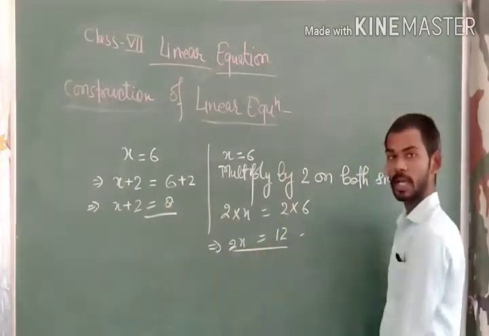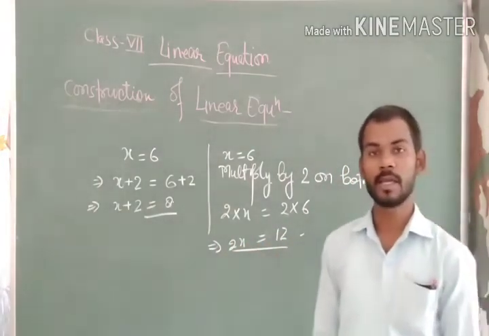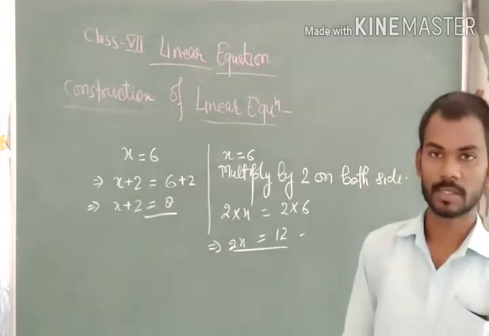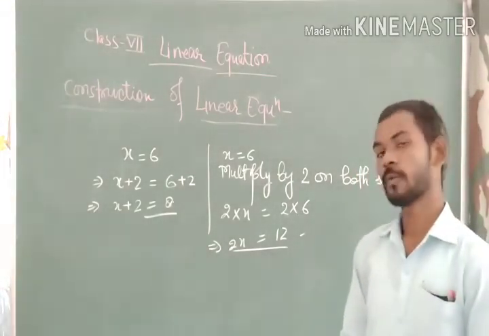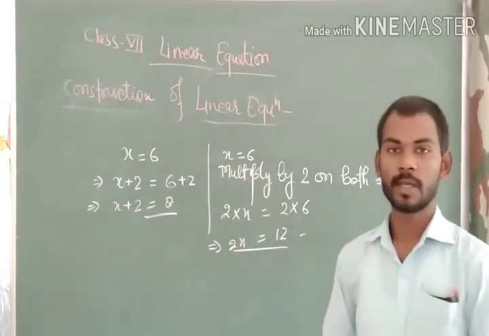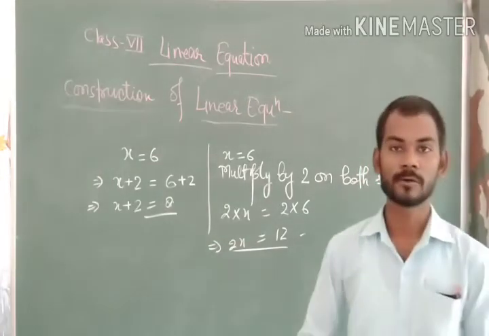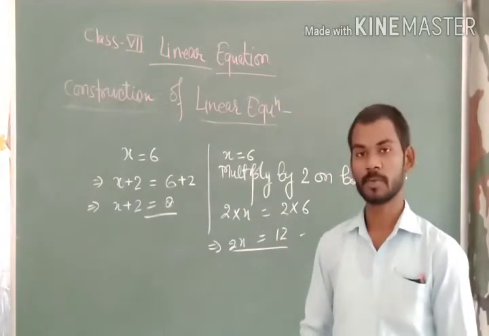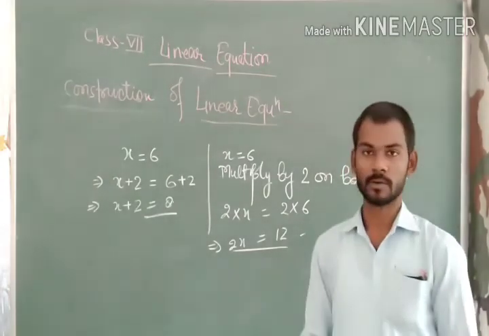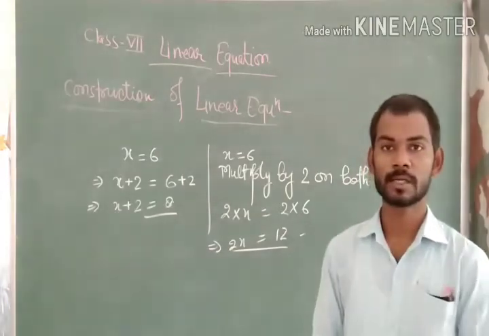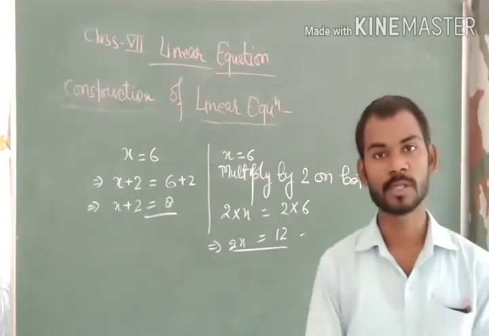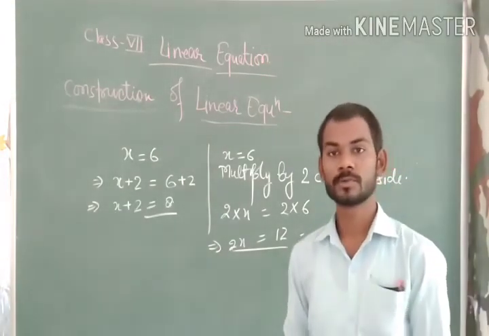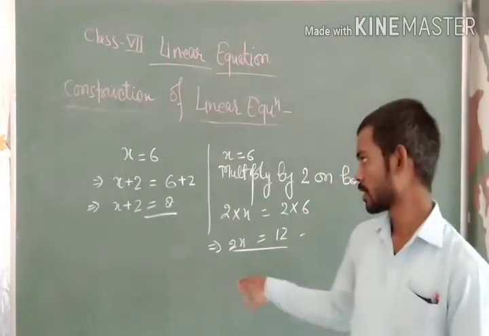This is also an equation for which x is equal to 6 is given. So if the value of the variable is given and the question is to find the equation for which the value is given, then you can follow this rule. This is a very small topic, and it has little chance to come in the examination. So you just know about it.